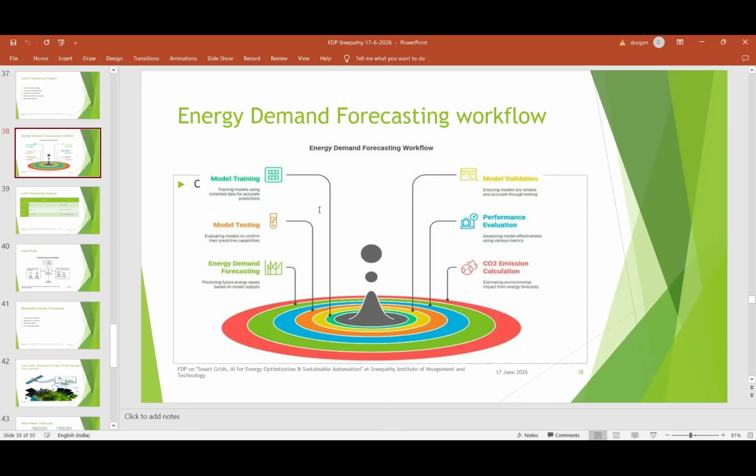Before training, data collection or data acquisition is required. Then normalizing of the data can be done. Then the data can be split for training and testing. Then validation of the data can be done.